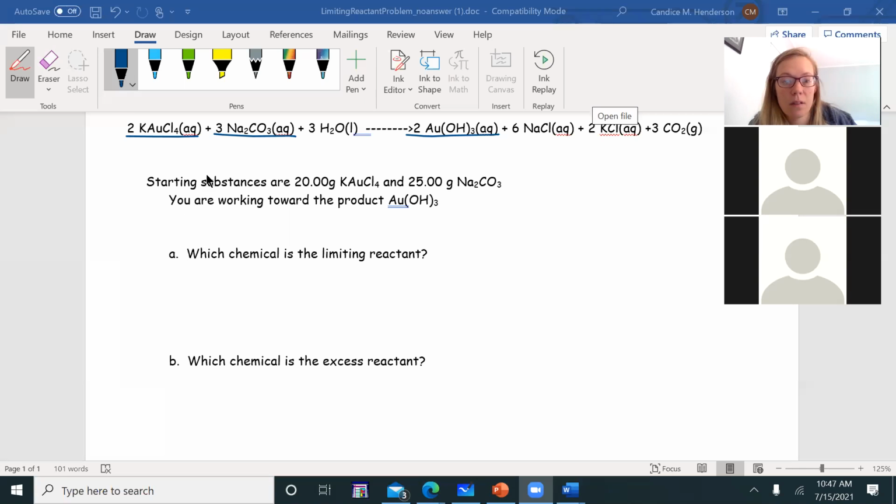Okay, so we want to get started. We'll use this 20.00 grams of the KAuCl4. We want to convert that into moles.